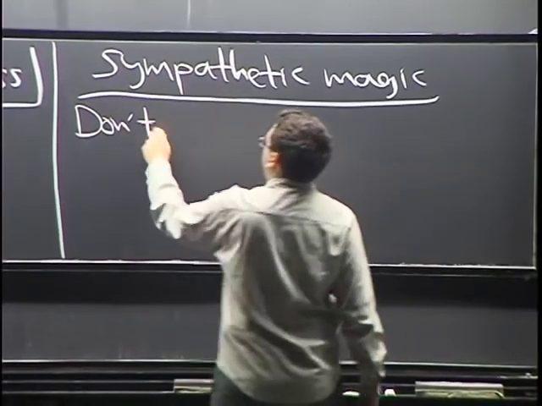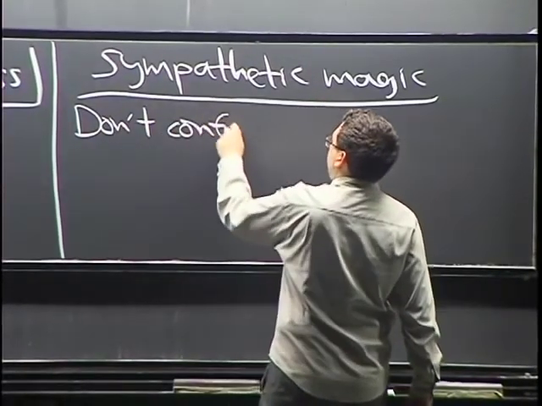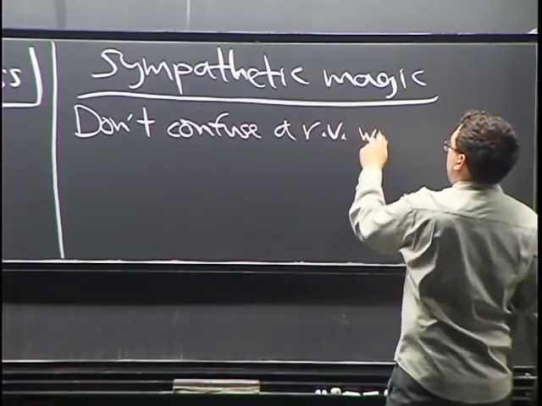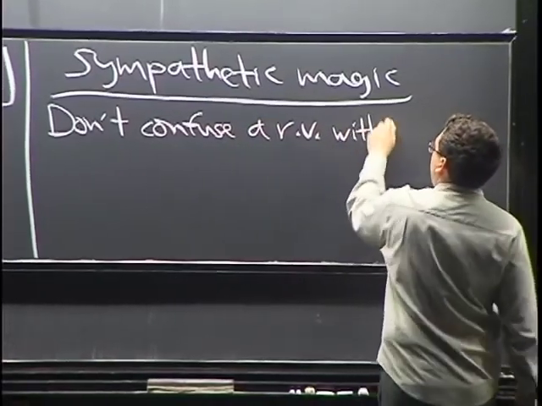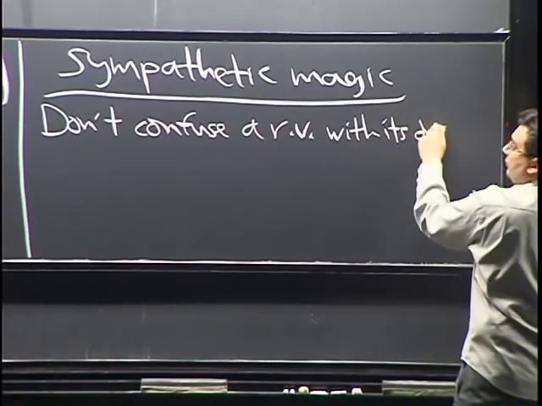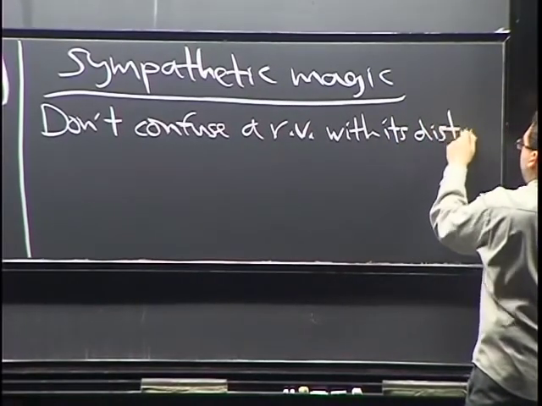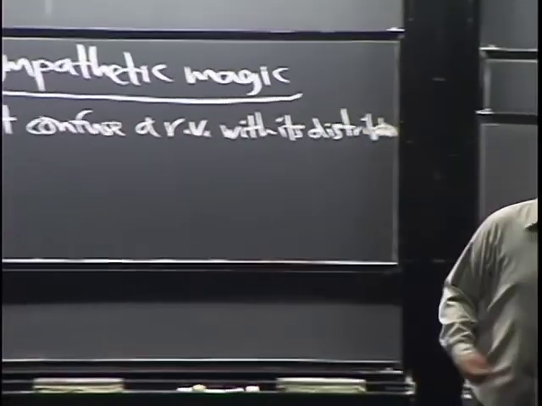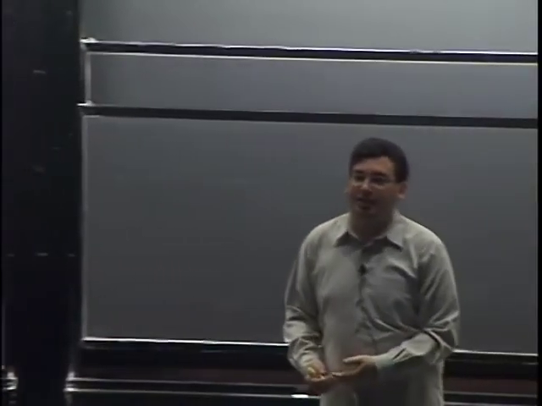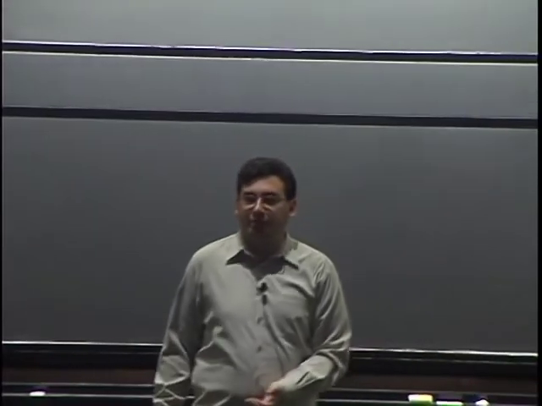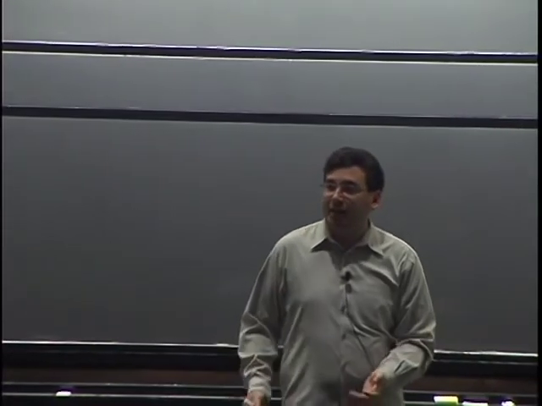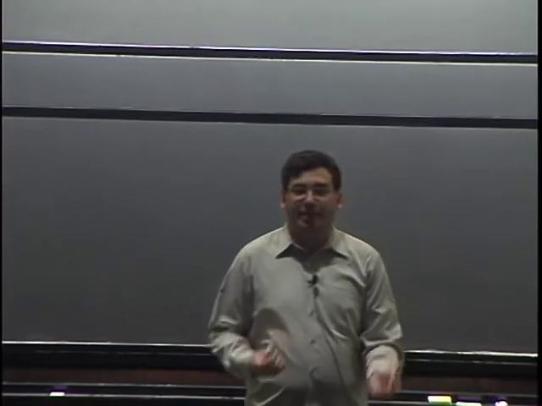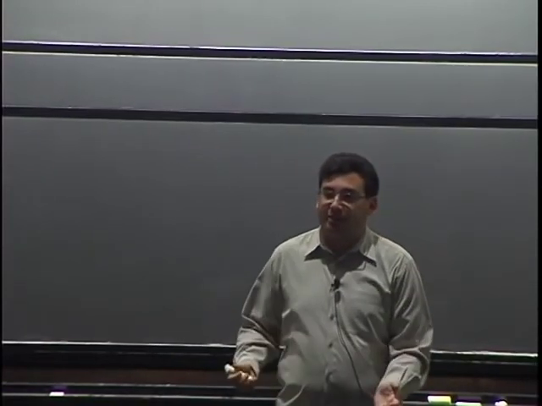An example that's come up on some of the homeworks is you have a sum of two random variables and blindly say the PMF of the sum is the sum of the PMFs. You're supposed to be adding random variables, and if you instead add PMFs, it makes no sense at all.